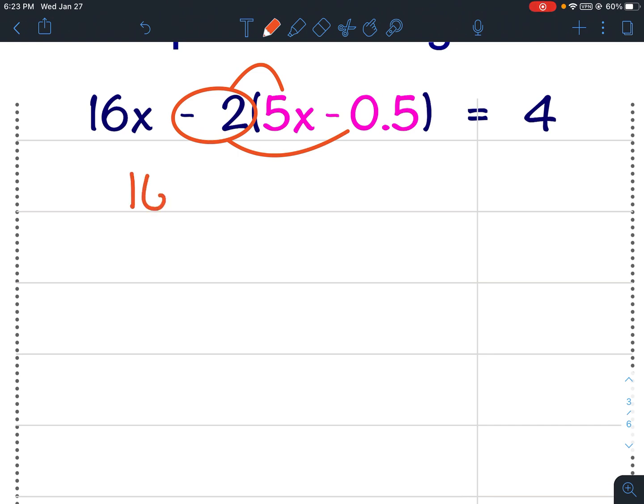Just bring it down. Negative 2 times 5x would be negative 10x. Negative 2 times negative 0.5, so don't forget that's a negative there, so would be positive 1. And I'm going to equal 4.